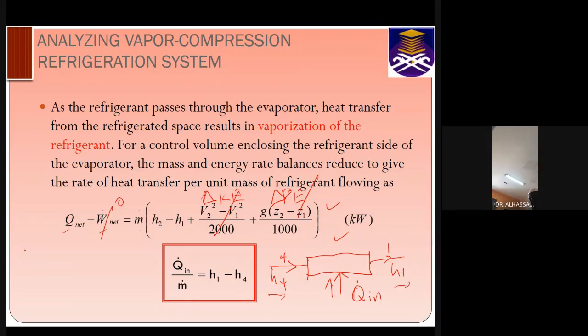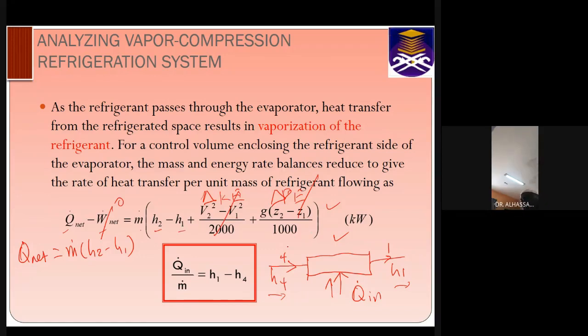So eventually we'll be left with Q net, which is equal to the mass flow rate times H2 minus H1, the final enthalpy minus the initial enthalpy.